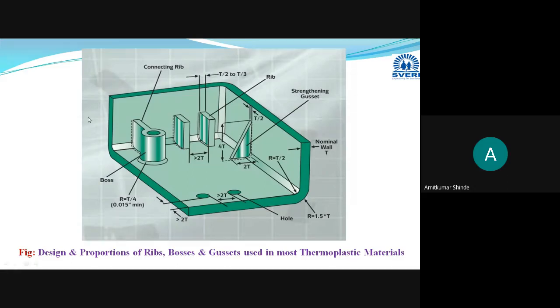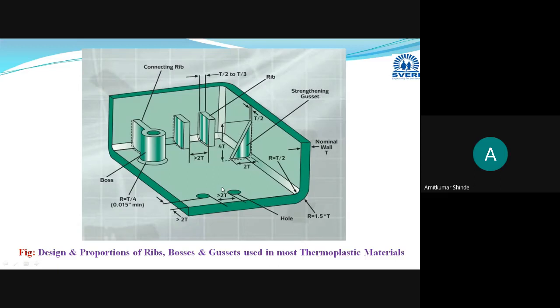So I will repeat it again. This part is the rib. This hollow cylindrical portion is termed a boss. This triangular supporting portion is termed the gusset. And these are the radius or fillets, or you can say the corners. These are the holes.